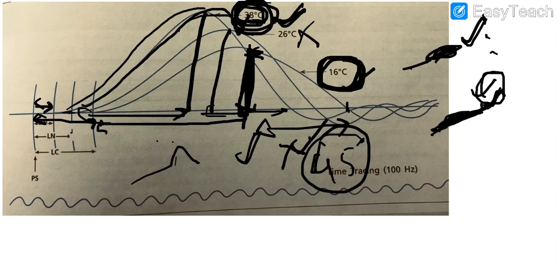Okay. Now there might be one more question: is the effect of the temperature on the muscle contraction not a violation of the all or none law? Like either the muscle will contract or not contract at all. But over here, if you are increasing the temperature, the height is increasing, the duration is decreasing.